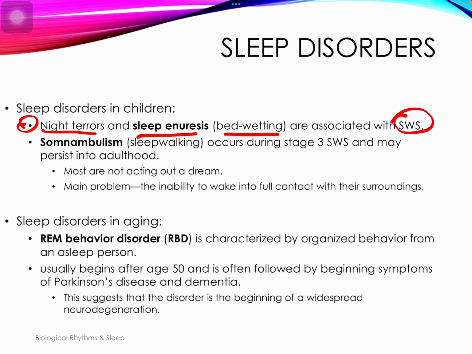Now, if a child has not been a typical bedwetter and then suddenly starts to wet the bed for no reason, that might be an issue, either a neurological issue or another physiological issue that you would need to get checked out. So if it's something that's just started out of the blue, then that's definitely something to get checked out. But if it's something that's always been there, it might just be that their system isn't mature yet, and we typically see them grow out of that.